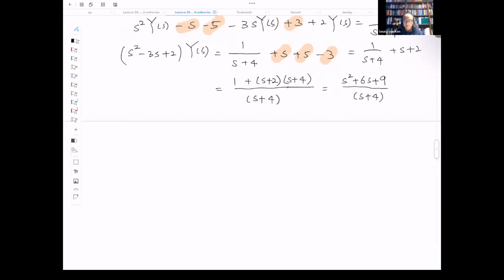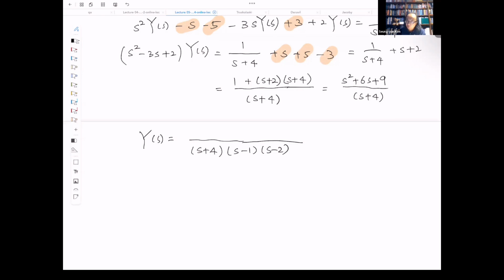Now we are ready to divide both sides by s squared minus 3s plus 2. When we do, we have Y of s equals denominator s plus 4 and s squared minus 3s plus 2, which is s minus 1, s minus 2.